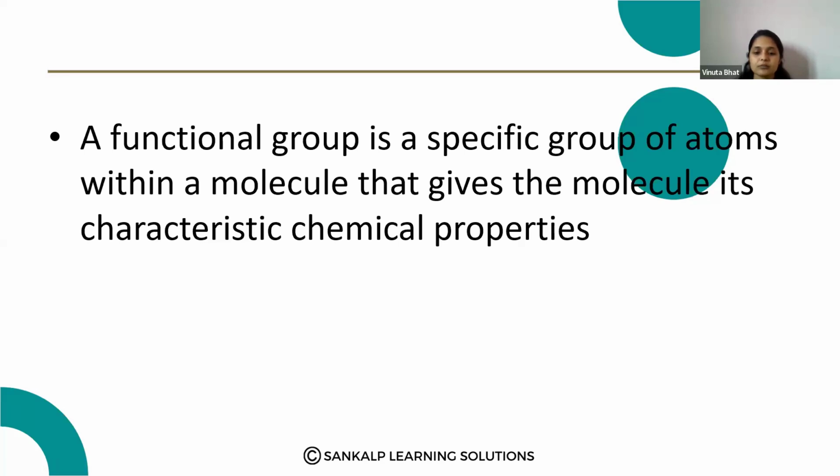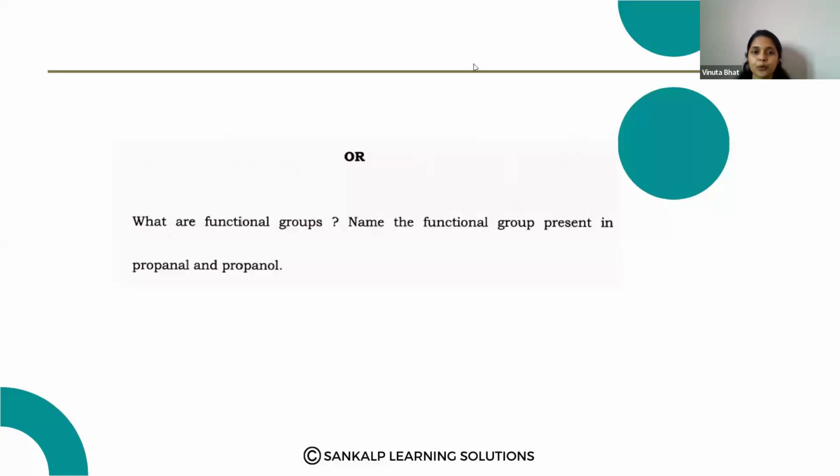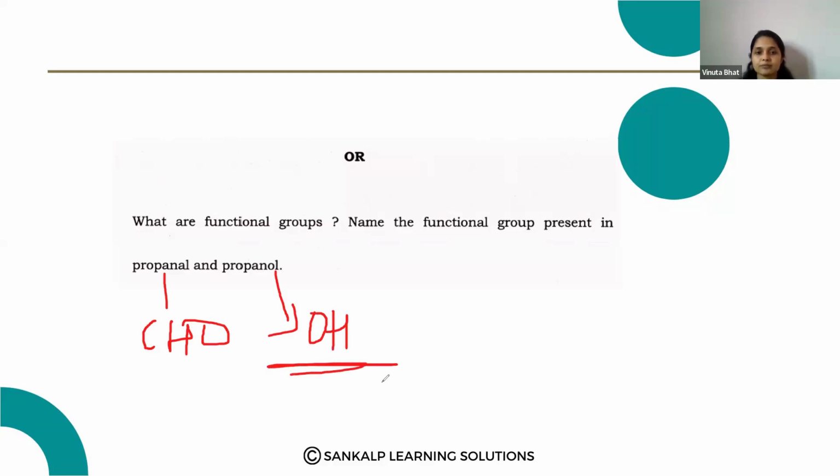Here, for propanal, the aldehyde CHO group is the functional group, and for propanol, the OH group, that is the alcohol group, is the functional group.